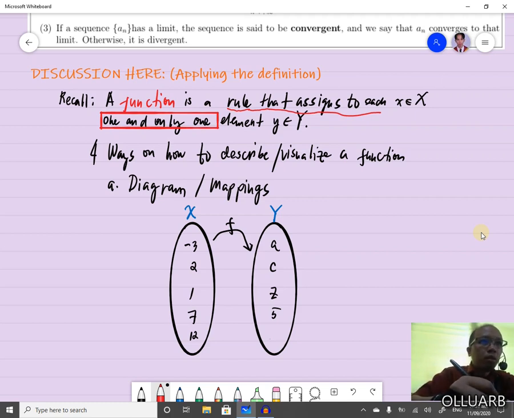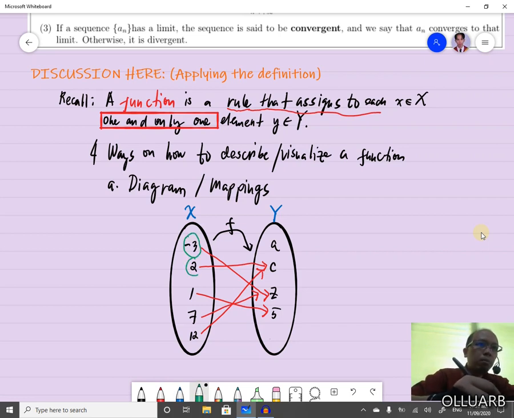For example, we have 3 is mapped to Z, your 2 is mapped to C, your 1 is mapped to 5, your 7 is mapped to Z again, your 12 is mapped to letter C. So as you have noticed here, every element in the domain is mapped to one and only one. Okay, so if there is one arrow for each object here, this means that it is a function.